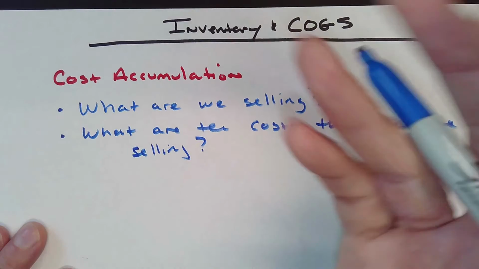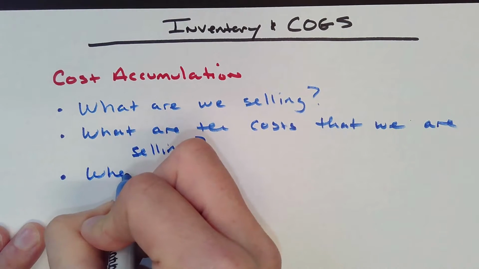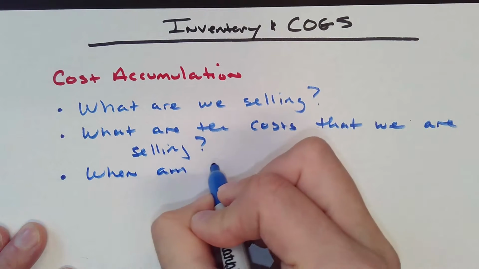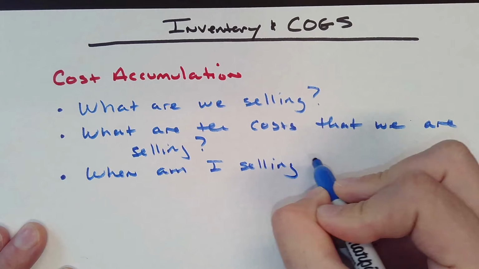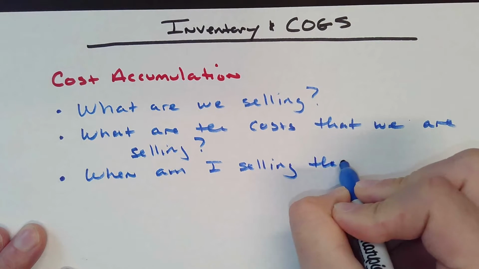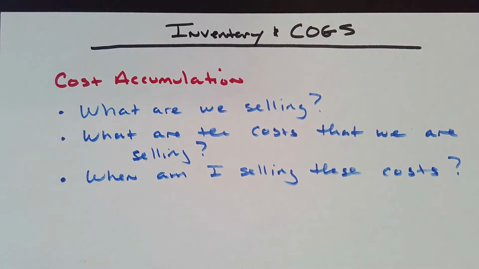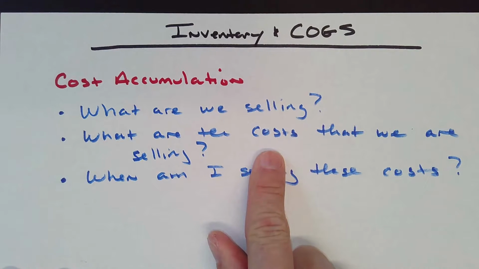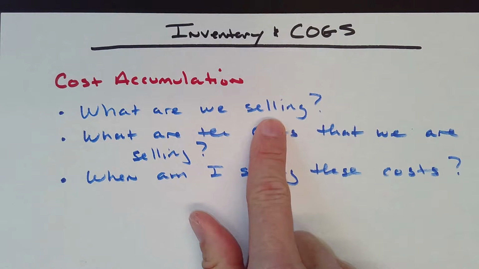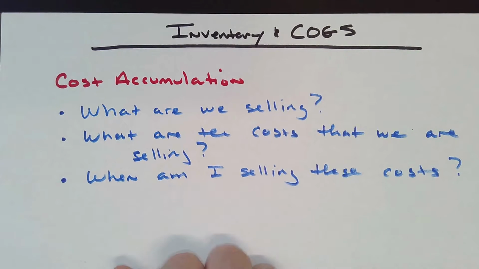And when am I selling it? When am I selling these costs, right? So it's the thing that we're selling, what are the costs associated with this thing that we're selling, and when am I going to sell this thing that I'm selling?